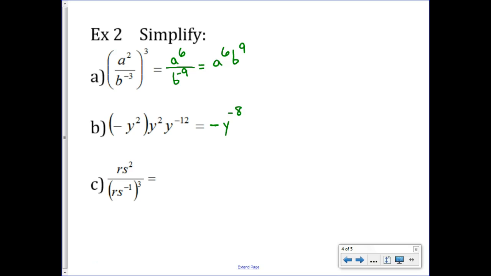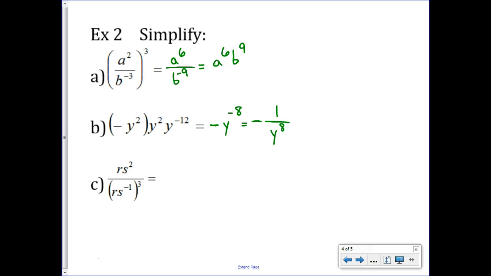So then that negative 8 tells me that I need to bring it down into the denominator to make it positive. And then I still have that negative hanging out front. You can put it with the negative 1, you can put it with the y, or you can just put it right in the middle there. Just one negative out there.